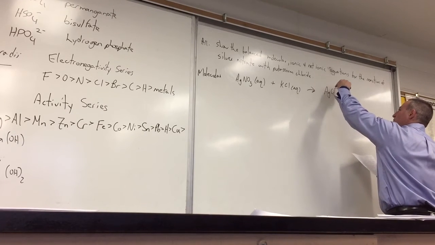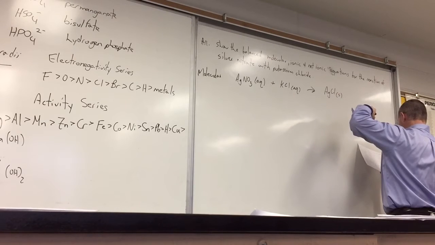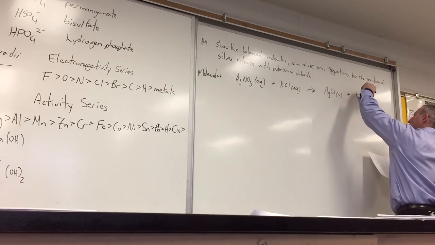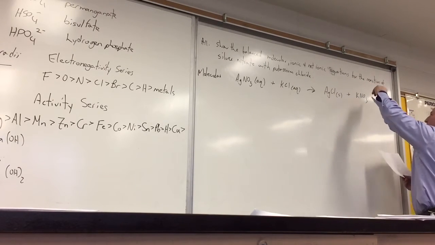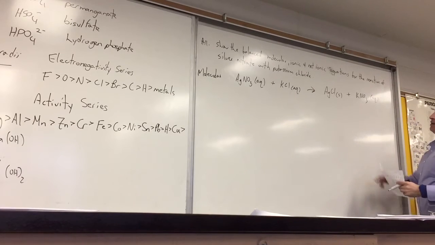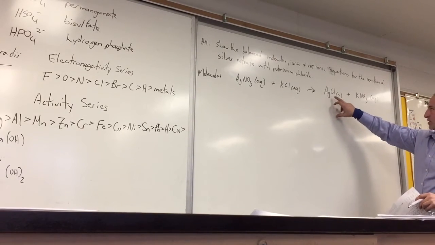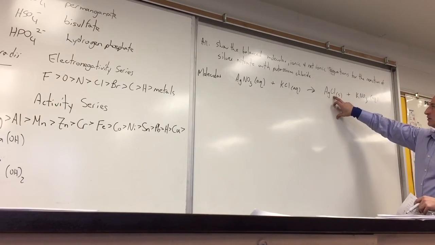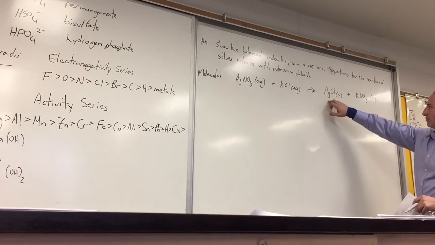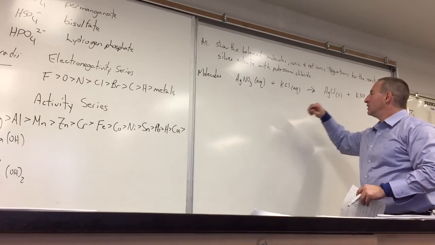You're going to get silver chloride and potassium nitrate. This will be the one solid product. And if you look up the solubility tables, you see that chlorides are very insoluble if they're silver chlorides.